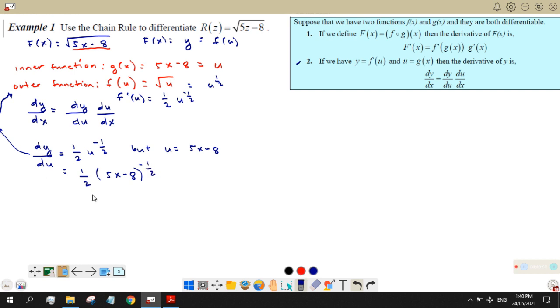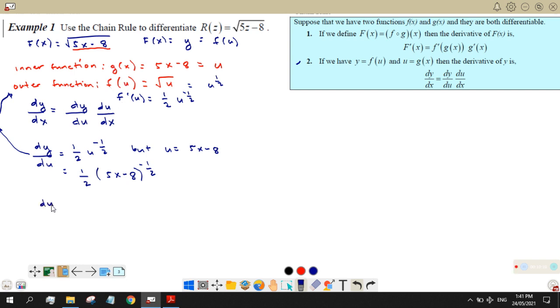Ayan, meron na tayong value ni dy over du. So, the derivative of y with respect to u is 1/2 times 5x minus 8 raised to negative 1/2.